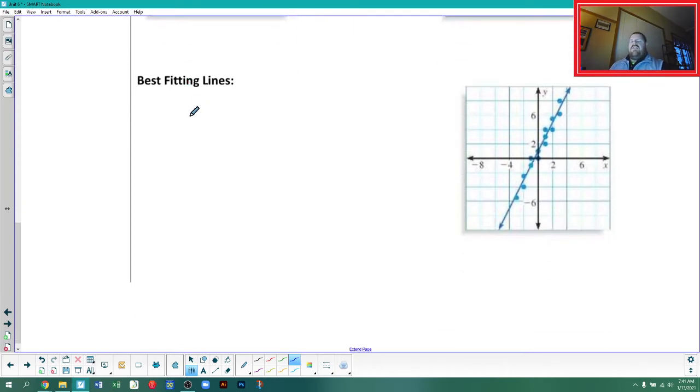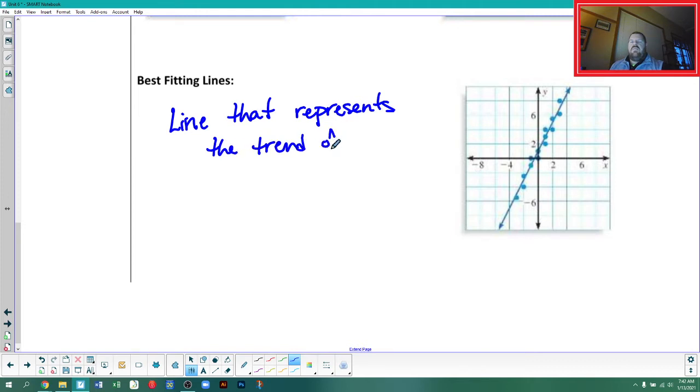All right, so a best fitting line is a line that represents the trend of the data. And more importantly than it being a line, it's what can we do once we have a line?